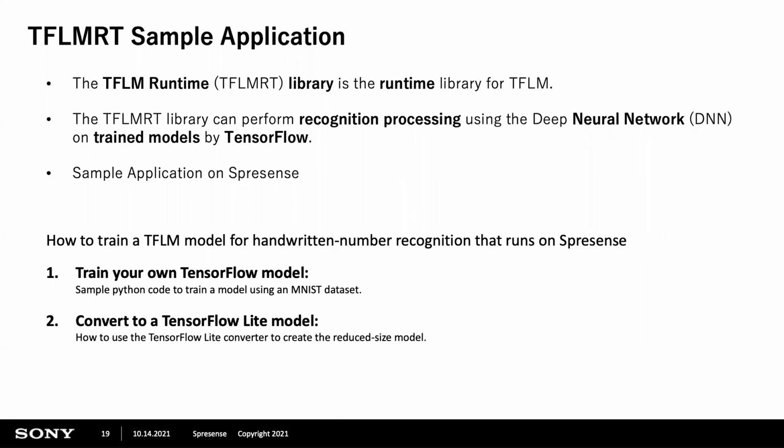For that, we have to go through two steps. One is to train your own TensorFlow model, and then you have to convert it to a TensorFlow Lite model. Because again, this is a microcontroller, we need to quantize it and make it smaller to be able to put it on our device.